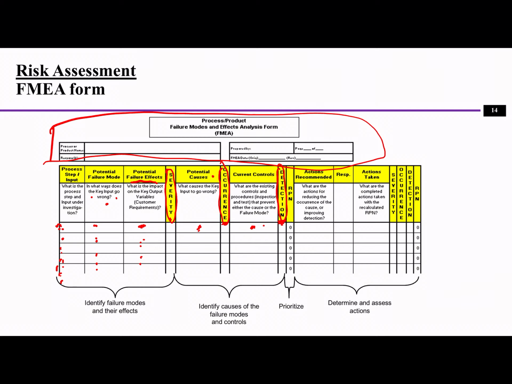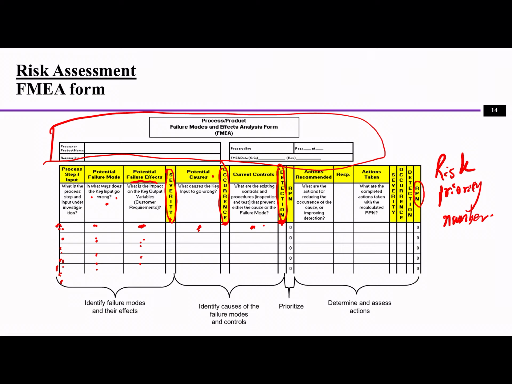If it is really difficult, you might give one score. If it is really easy to detect, you might give another score. Then the three numbers, severity, occurrence, and detection, will determine the risk priority number. The risk priority number equals severity times occurrence times detection.